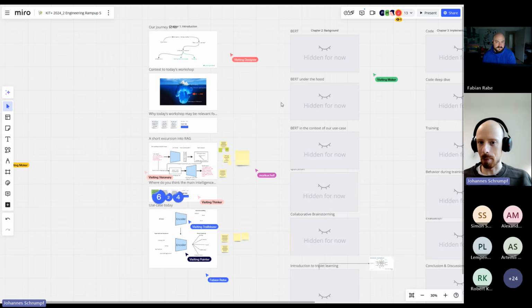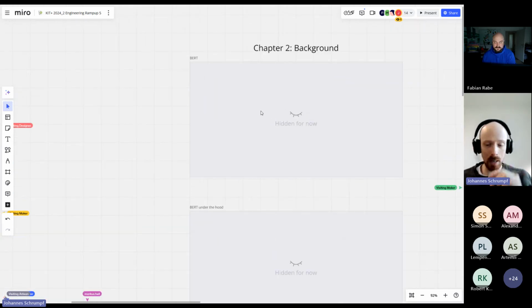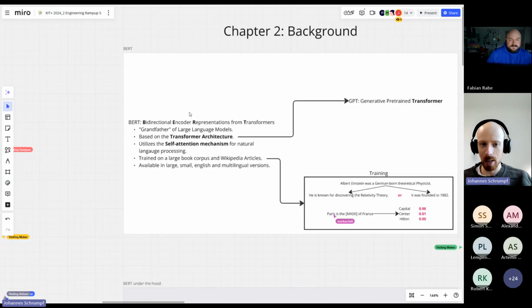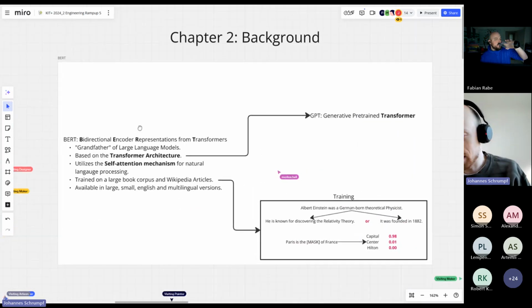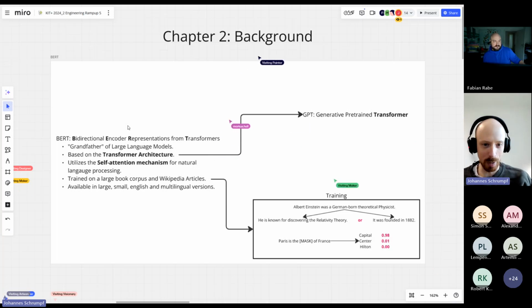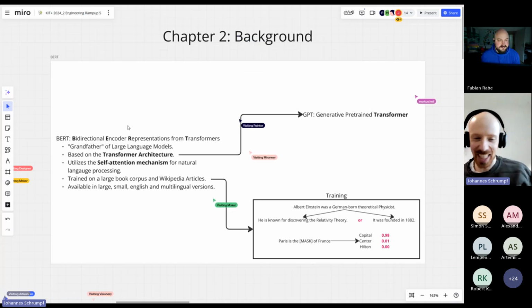Cool. Then we will just start with chapter 2 here on the top, in the middle, with BERT. So what is BERT? BERT is an encoder. And what does BERT stand for? It stands for bidirectional encoder representations from transformers. It's a nice technical term.